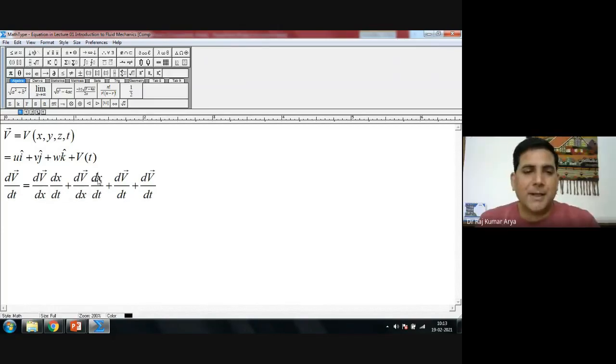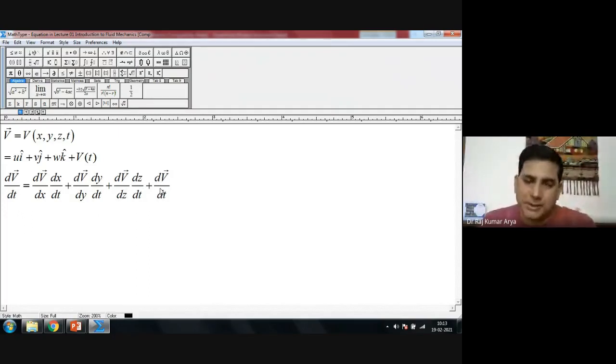So here I can just write y and this also y, and another thing I can write for this: z, and this is also z. So I got components for x, y, and z. There was a component only for velocity with respect to time, so I just wrote this as it is.